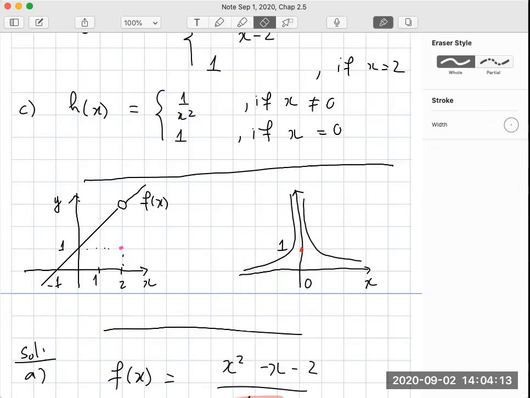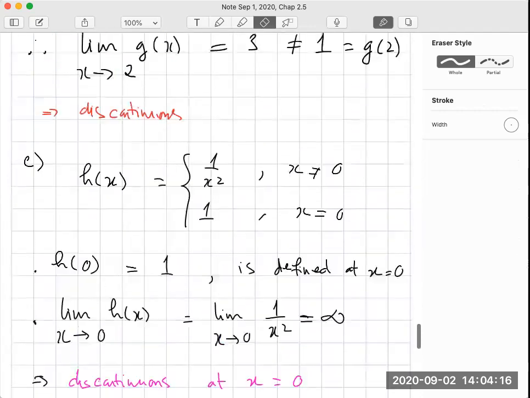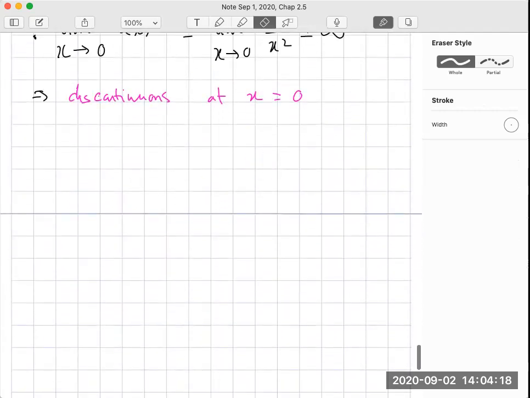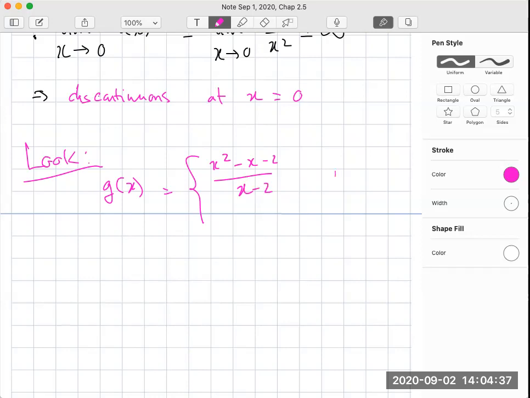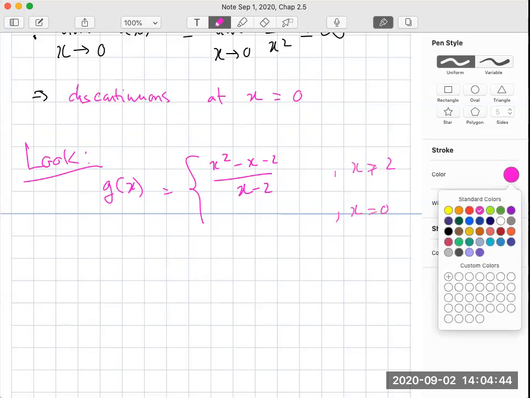Now look at the g function. The g function here is x squared minus x minus 2 divided by x minus 2 when x is not 2, and something else when x is equal to 2.